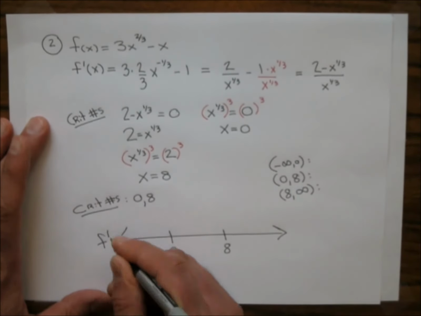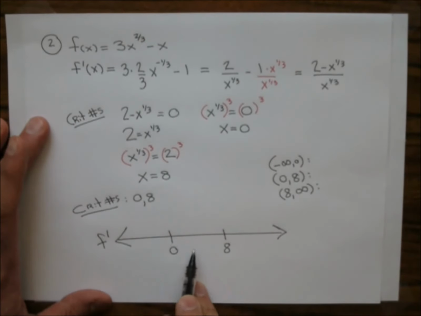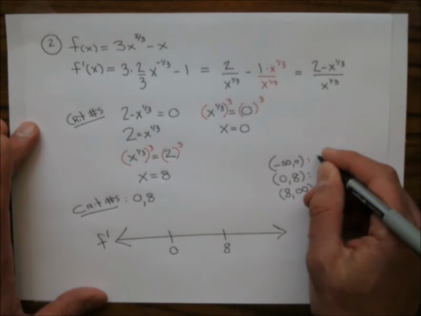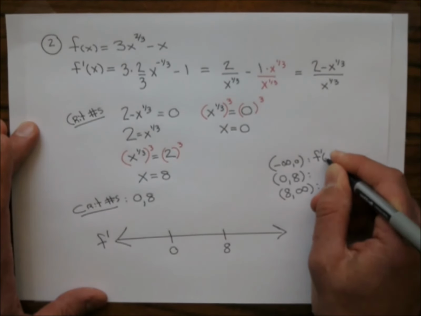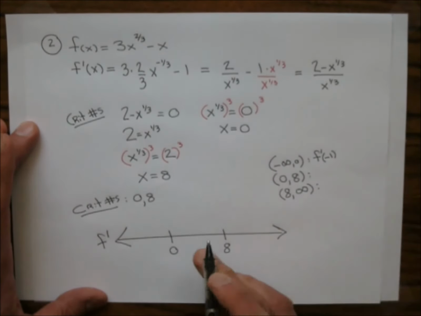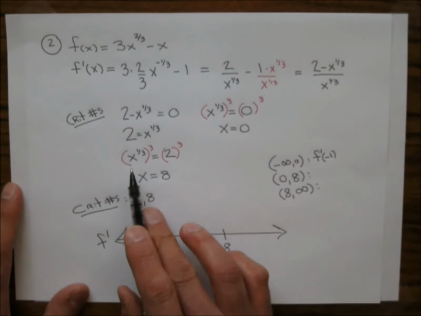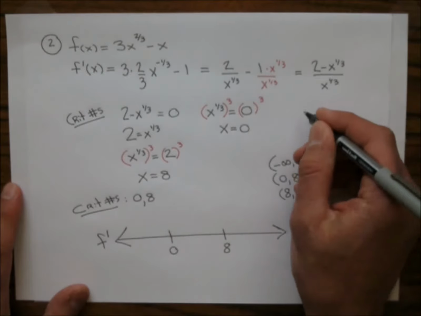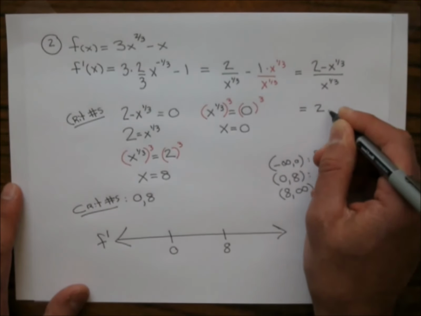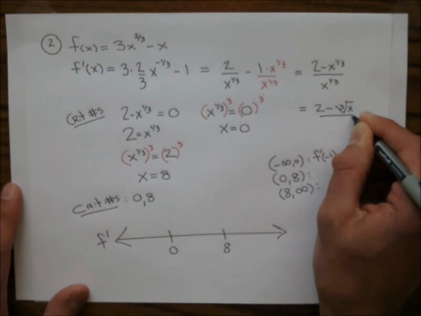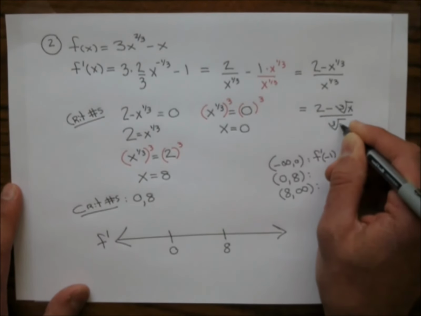This represents the first derivative. This represents when things are going up and down. So if I pick something over here like negative 1, f prime of negative 1, let's see. I've got to put this into the derivative. If you like, you can write the derivative as 2 minus the cube root of x all over the cube root of x.